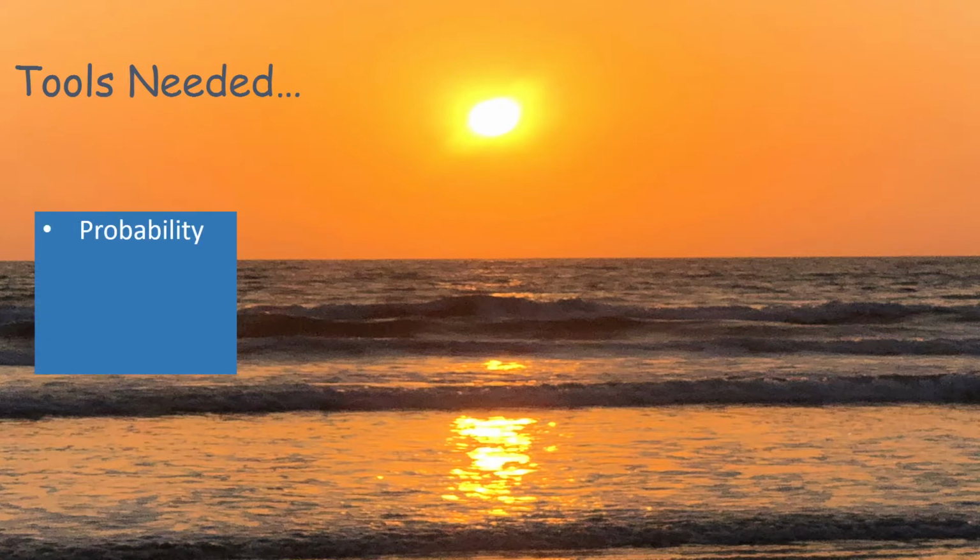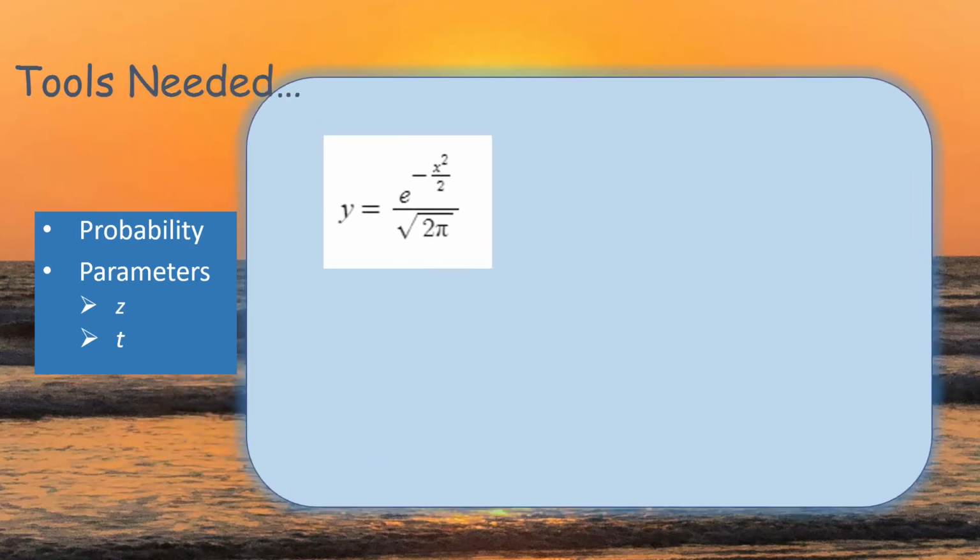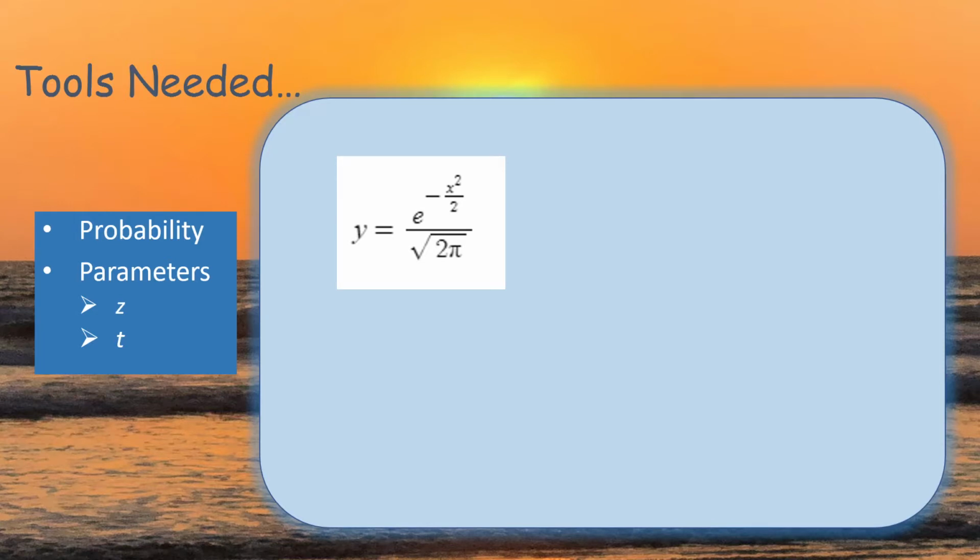So, tools needed. Probability will play a huge part, and we use parameters. You're going to use Z, which you've had some experience with, and we'll also use T as a parameter. There's other things out there, but that's what's coming up soon. And then, so this looks a little scary. This is actually the standard normal distribution, meaning that it has a mean of 0 and a standard deviation of 1.